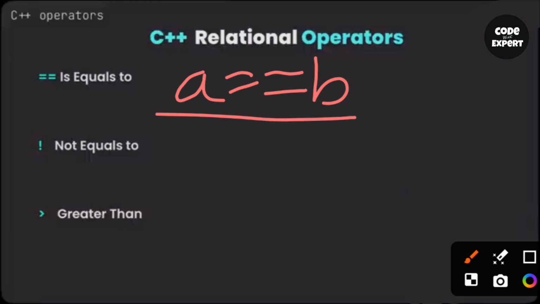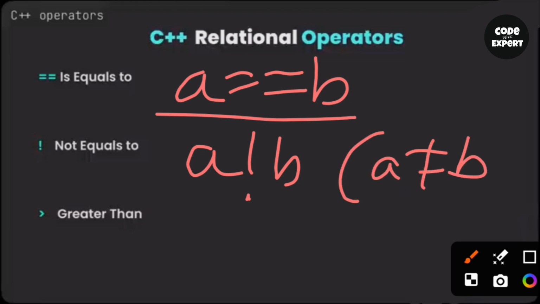If we want to write a is not equal to b, we write a exclamation mark equals b. It means a is not equal to b. If we want to write a is greater than b, similarly as in maths we simply write it, no other big thing to use.